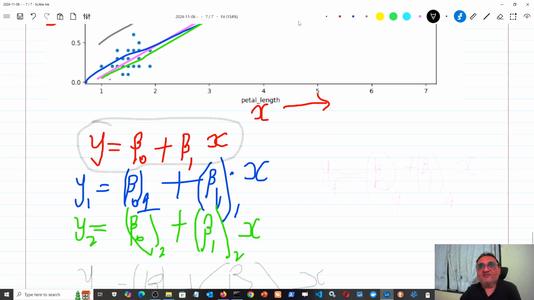So what kind of equation am I expecting? I am expecting an equation like y is equal to 0.9 plus 2.1 times x.